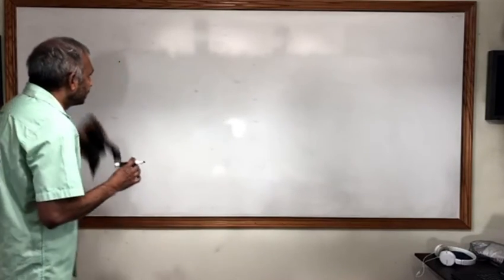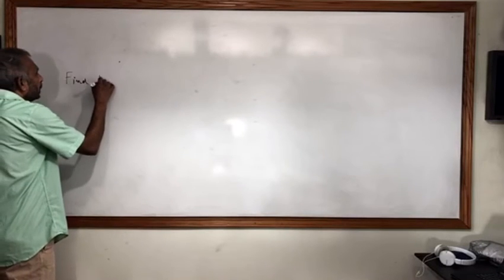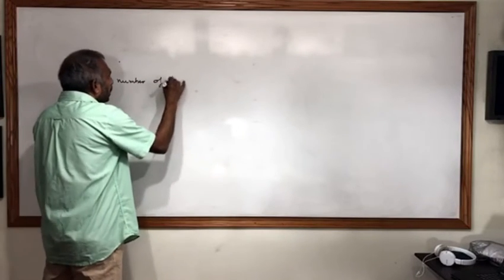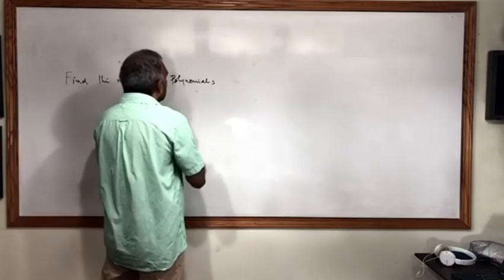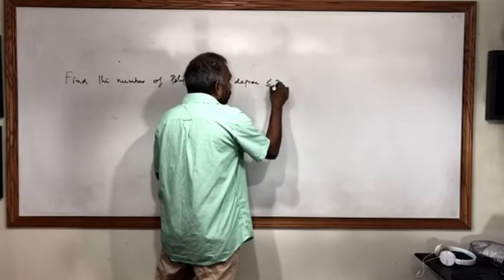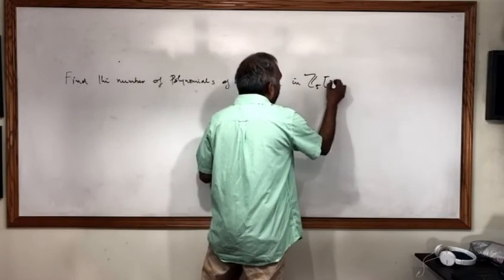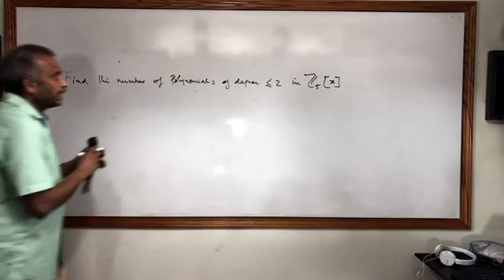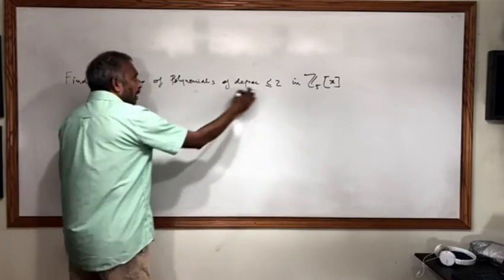Now let us do another example. Find the number of polynomials of degree less than or equal to 2 in Z5 of x, meaning quadratic polynomials. We are looking for only quadratic polynomials or less.